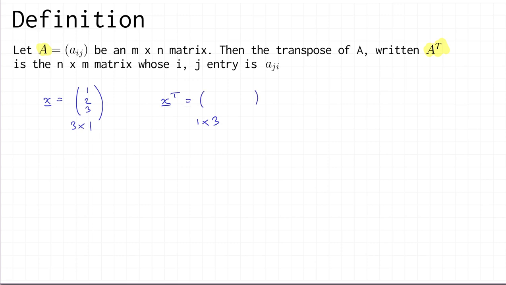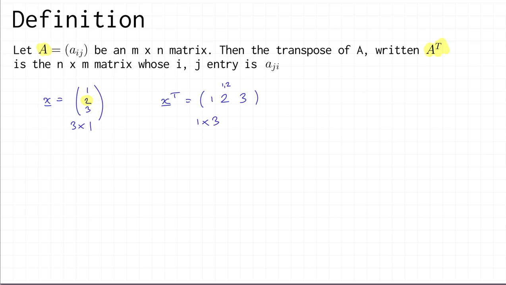And let's work out what the entries of x transpose would be. So the 1,1 entry of x transpose will be the 1,1 entry of x. So that will be 1. And the 1,2 entry of x transpose will be the 2,1 entry of x, which is the one in row 2 and column 1. So we should put a 2 here and of course a 3 here as well.